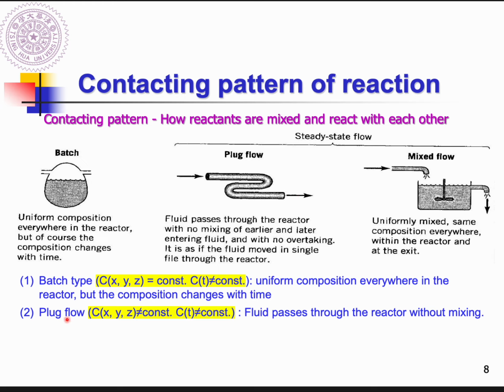So in this plug flow reactor, we find that the concentration is different at different locations, and also the composition will change with time. This flow passes through the reactor without mixing, so the concentration is not uniform everywhere.